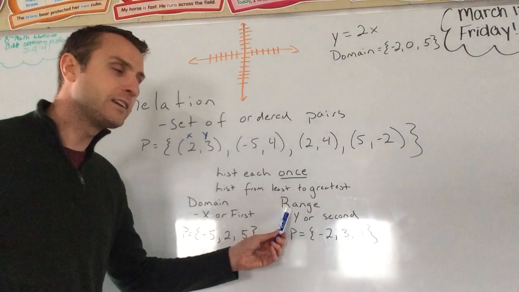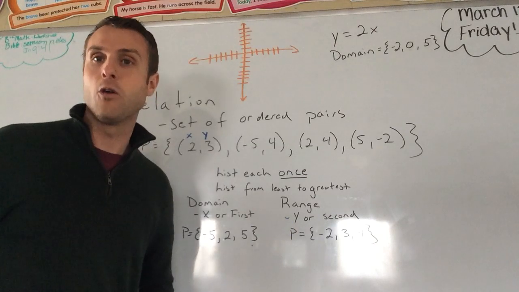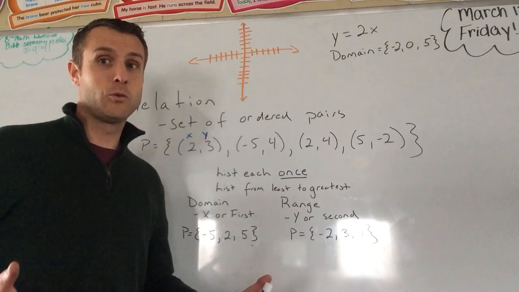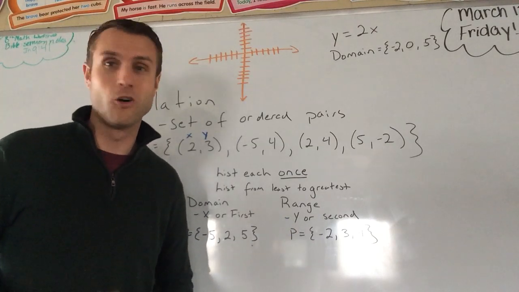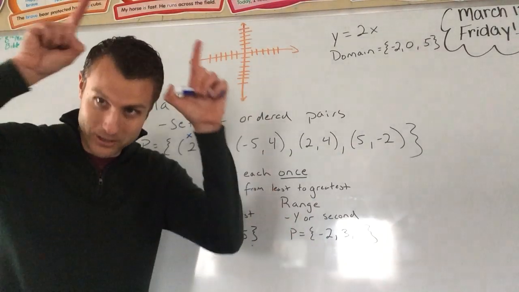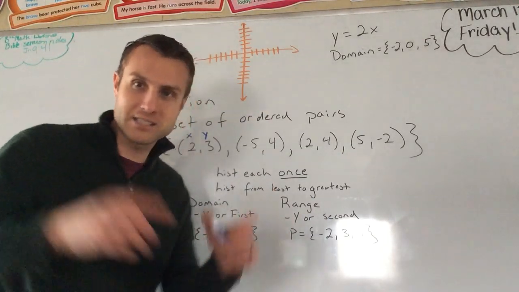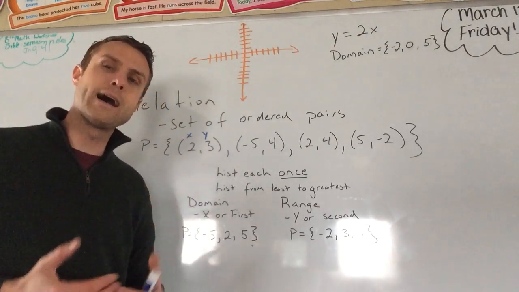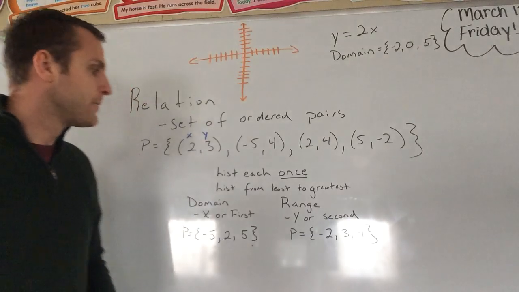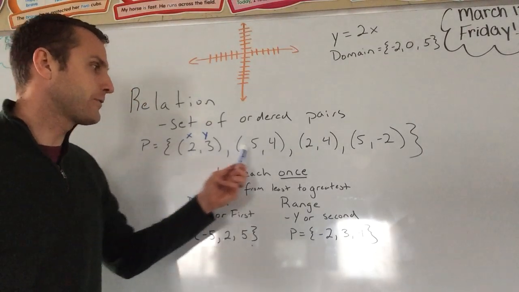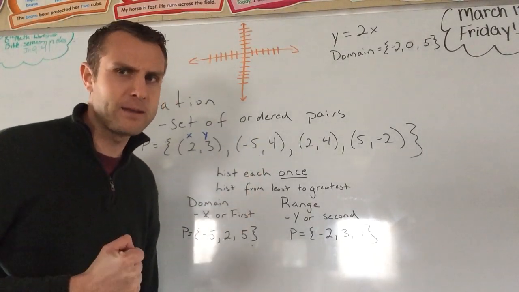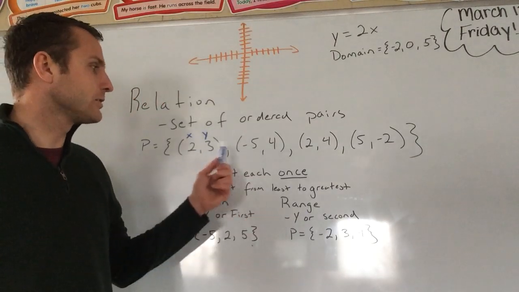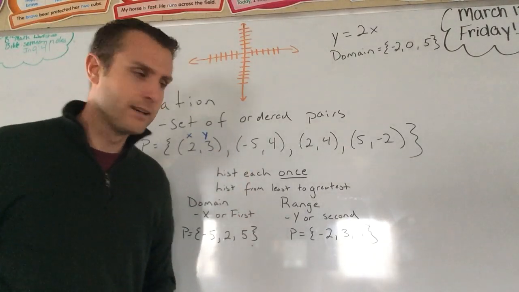Now, the range is the y, or the second. Maybe you want to think, home on the range, there's a lot of cattle with horns. A y looks like it has horns, therefore a range is all the y's or the second. Domain, all of the first numbers, the x, they dominate. The range, all of the y's or second.